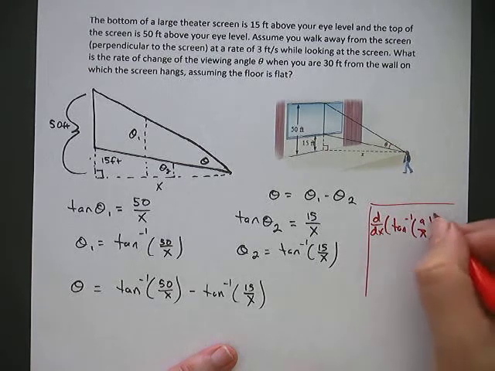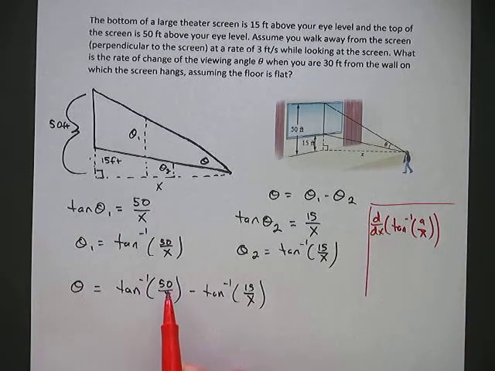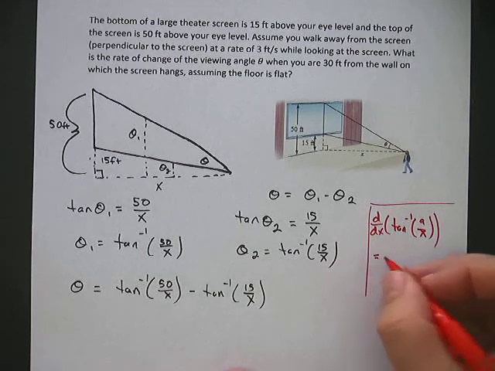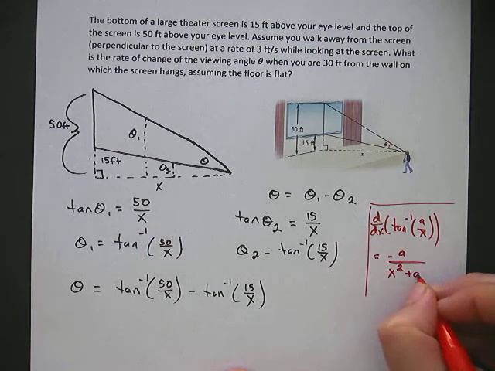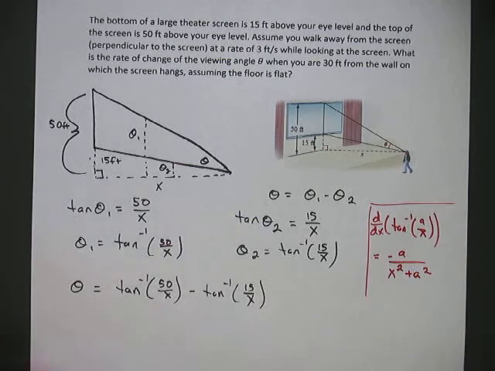The reason I'm doing a over x is because we have a number over x. That will give you negative a over x squared plus a squared. That's the formula for these. The a on this one is 50, and the x is x.